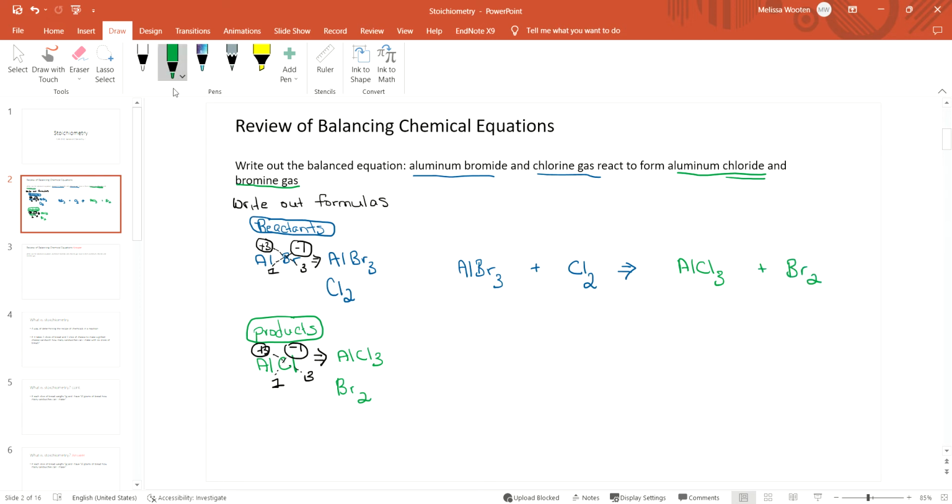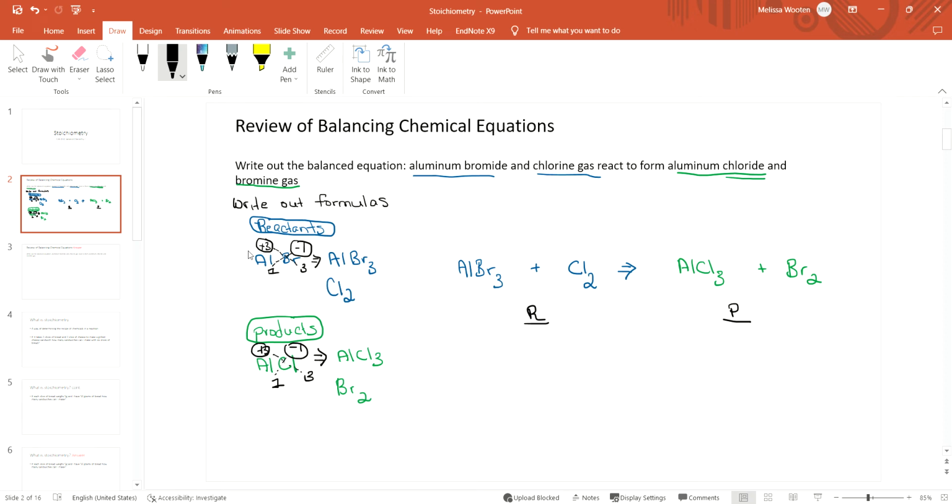And now we have to balance our chemical equation. True or false? You can change your subscripts. Is that true or is that false? That is false. You cannot change your subscripts. You can change your coefficients. Your subscripts you cannot change because it shows the type of bonding that's going on, and it also has to do with the charge of the atom.